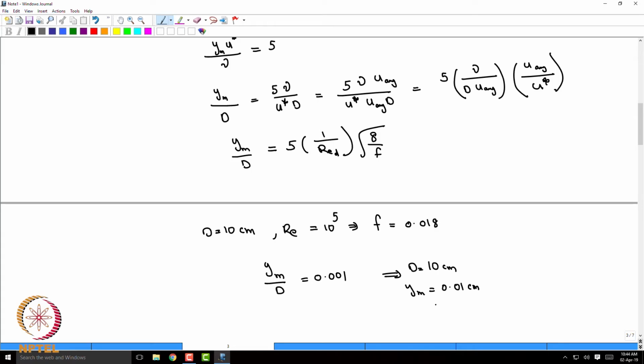Okay, what is that? 0.1 millimeter. So if I take a pipe, let's say 10 centimeter diameter, the thickness of the wall layer is going to be very tiny, less than a millimeter, very close to the surface of the pipe. Okay, so that's the number that comes out to be.